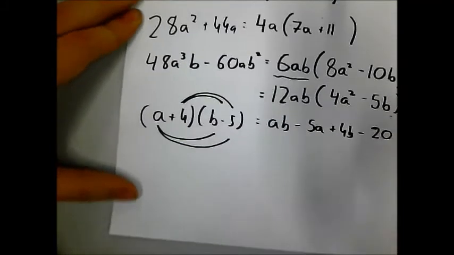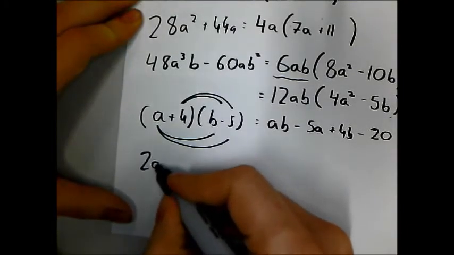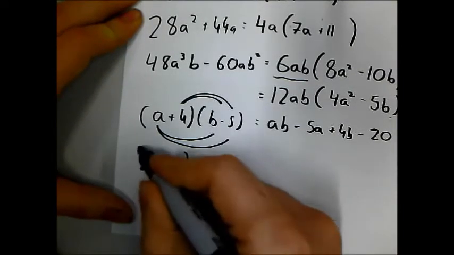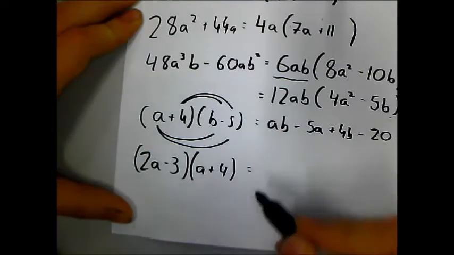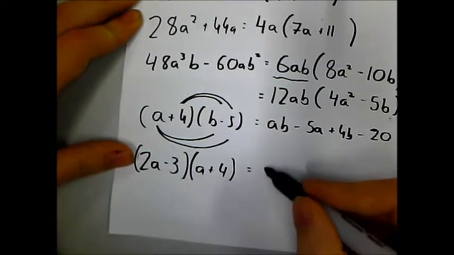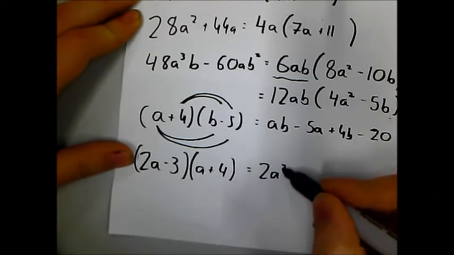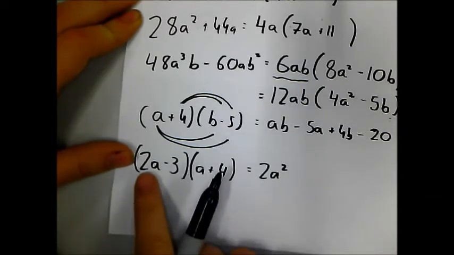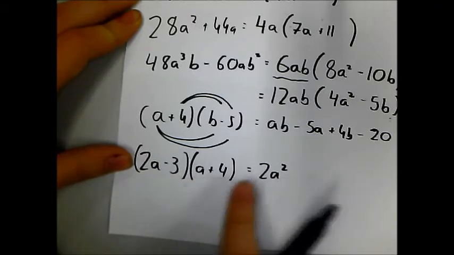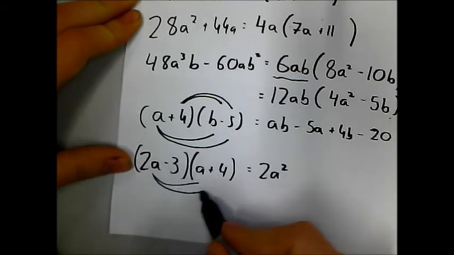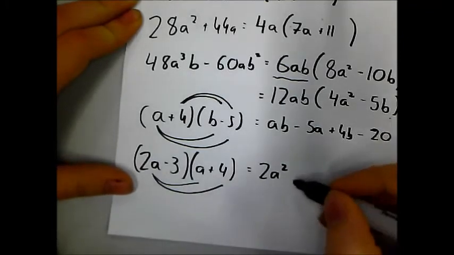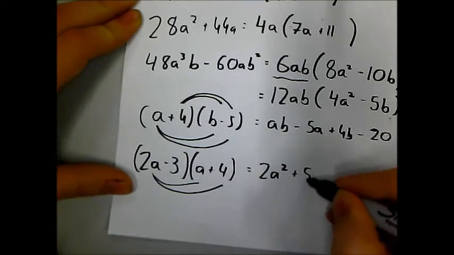The next one, 2a minus 3, lots of a plus 4. So 2a times a is 2a squared. Don't be tempted to put 3a, you're multiplying 2a by a, so 2 times 1 is 2, a times a is a squared. 2a times positive 4 is positive 8a.